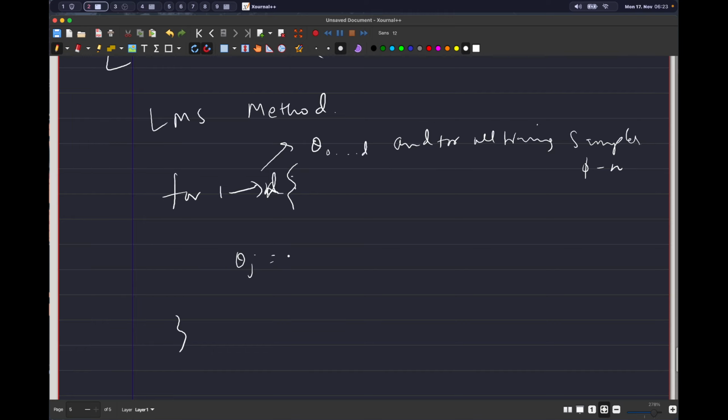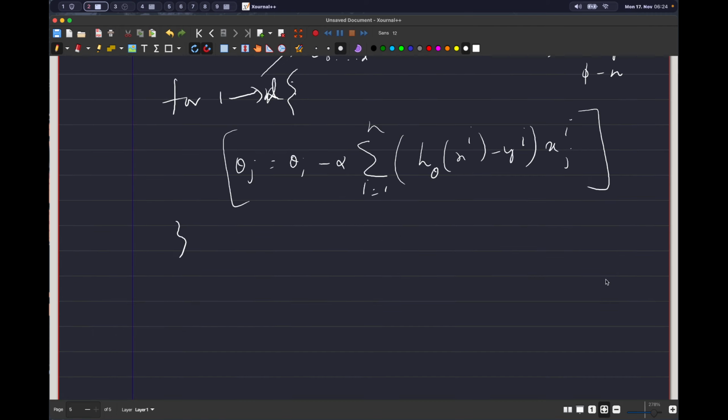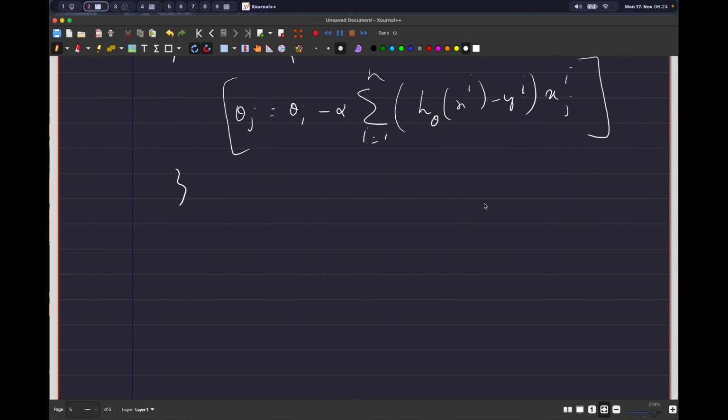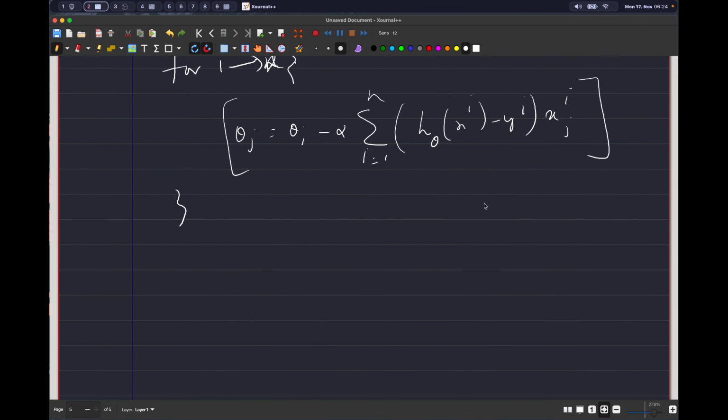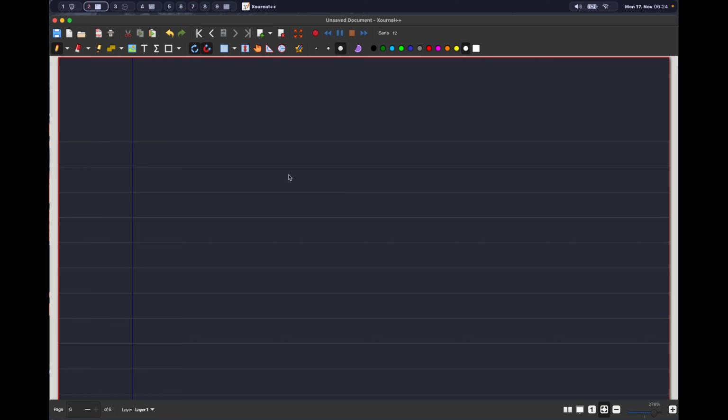So theta j will be equal to theta j minus alpha, sum over i equals 1 to n, of h theta of xi minus yi times xi, the jth feature. So this is the update rule if you have multiple training samples in your data. Very easy to understand. We derived it for only one sample, but what if you have multiple samples? You can just apply this, right?